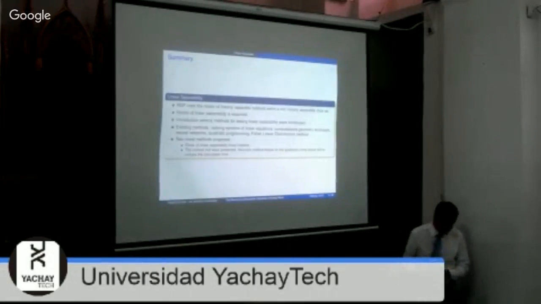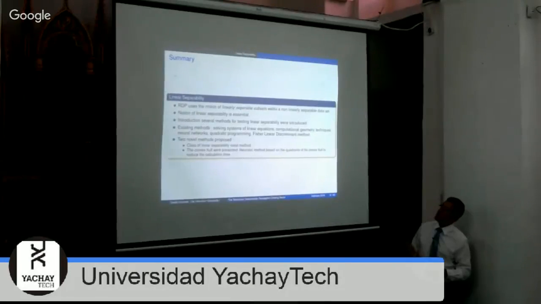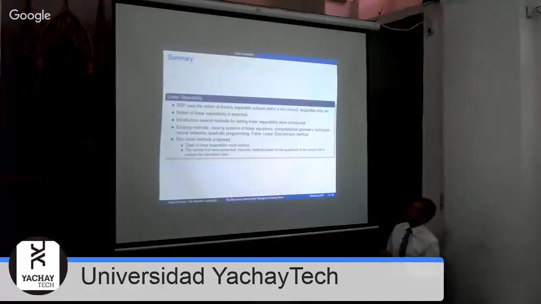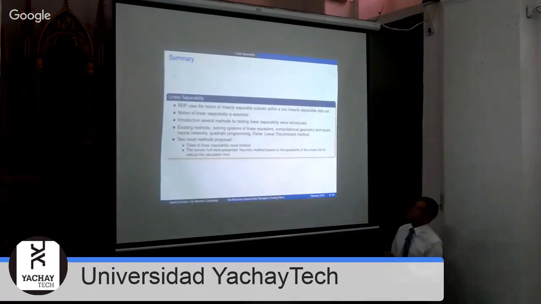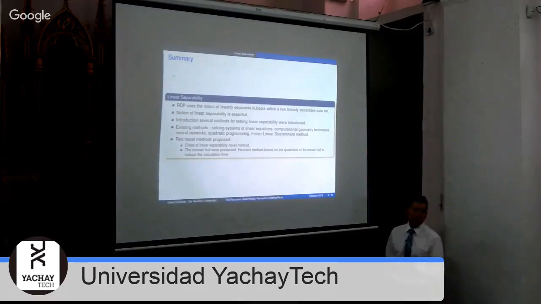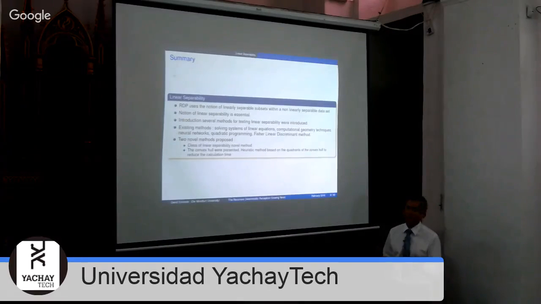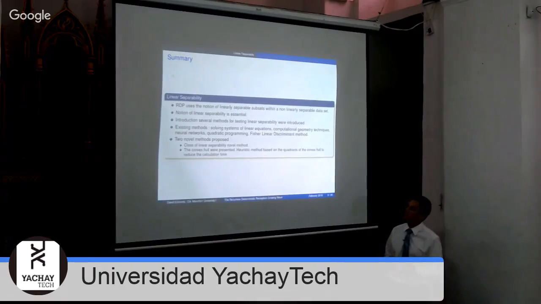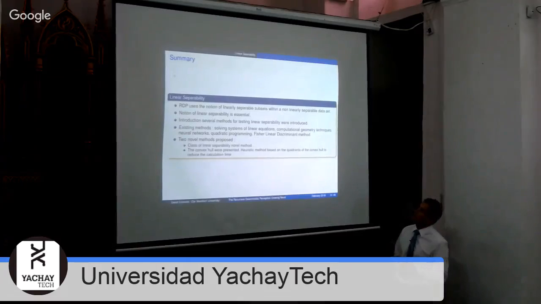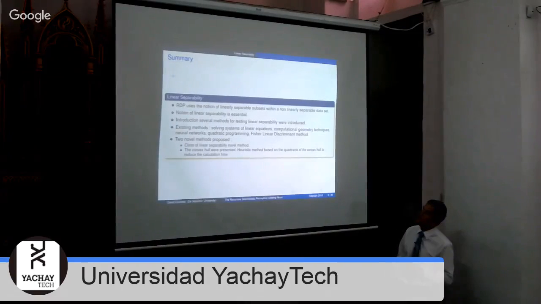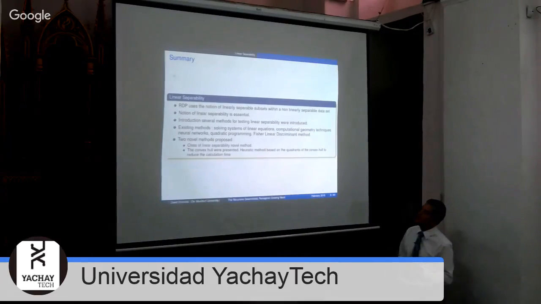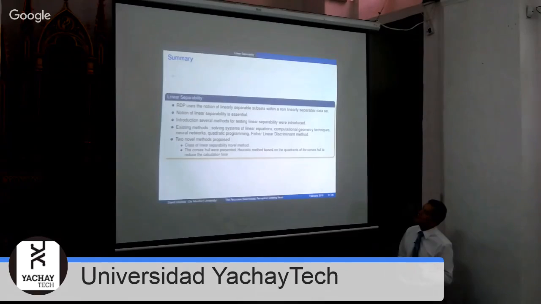Okay, so briefly, I'll just introduce the RDP that uses the notion of linear separability within sets that are not linearly separable. So this is obviously essential to introduce and to know the existing methods for testing linear separability. The more efficient these methods are, the quicker and more efficient the method will be. I've introduced some of the more commonly used methods for testing separability.